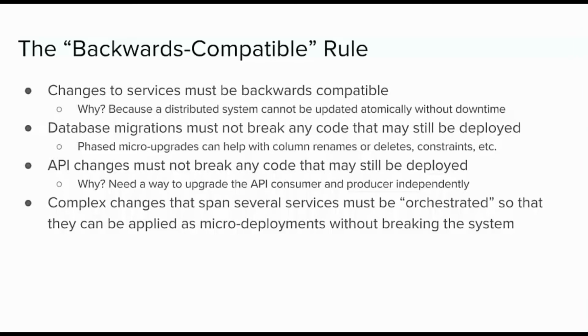I'm going to give you one example just so that you realize how difficult this is. Imagine you need to add a column to the database, and you want that column to be non-nullable, so it cannot be null. So you create a migration and you add that to the database for V5, and V5 always sets a value for that new column. But V4 is still running, and V4 knows nothing about that column.